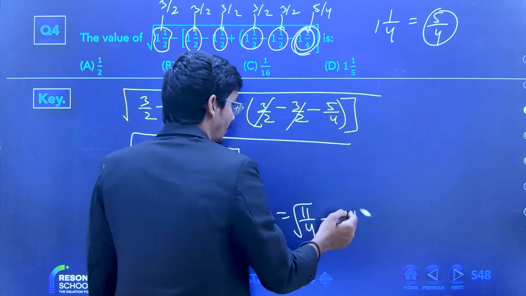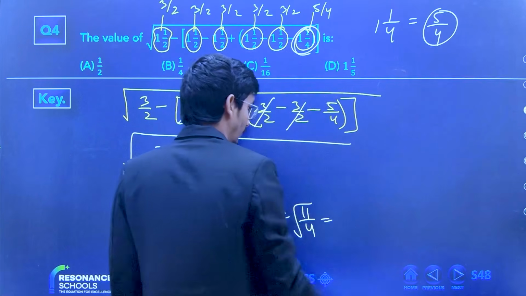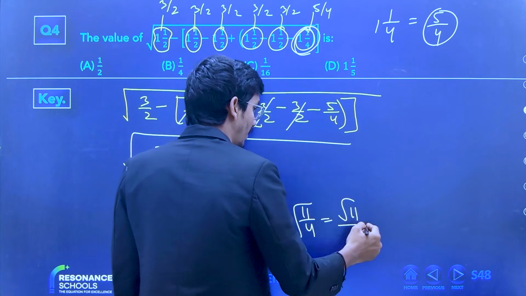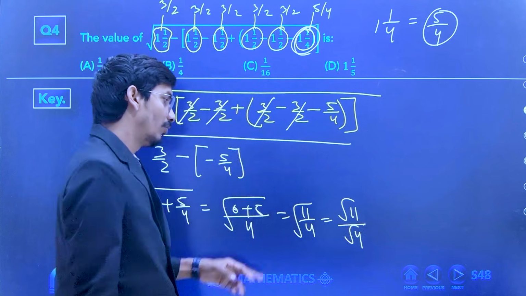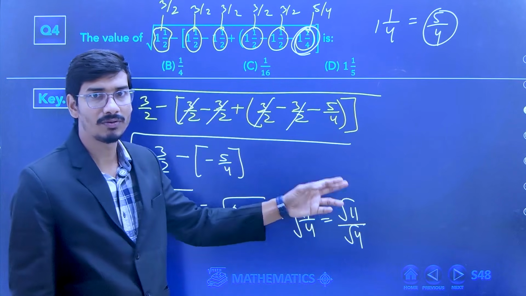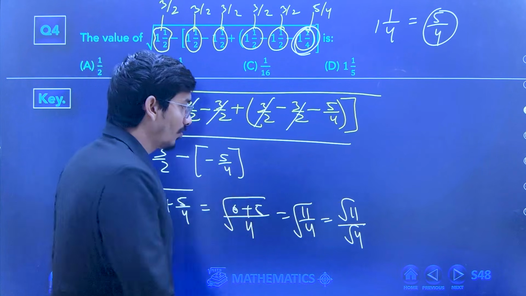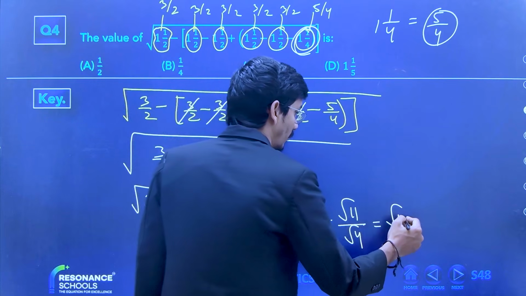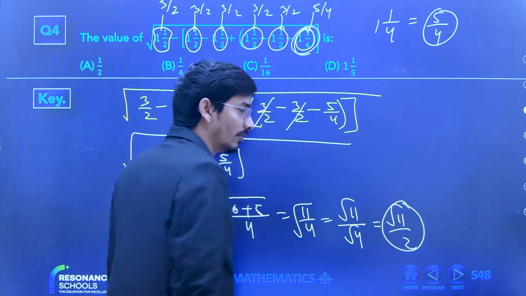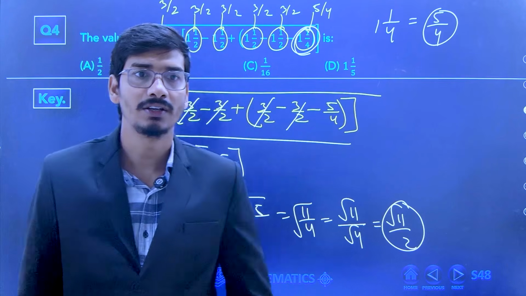If you see these steps, we can also write root 11 by root 4, and root 4 is nothing but 2. So it's root 11 by 2.